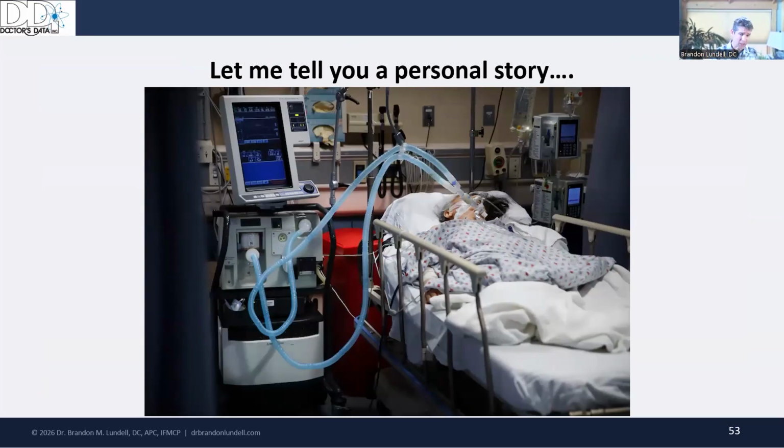But my niece got COVID. This was 2021, 2022. My niece got COVID and it triggered pancreatitis, and she was put into the hospital. They didn't treat her pancreatitis. I begged them to use N-acetylcysteine.